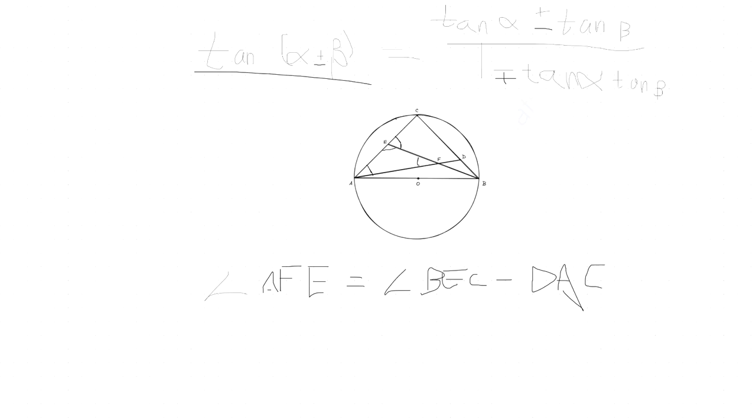And then just applying this, we get that tan BEC is equal to 2, just BC over EC, that's 2. And tan DAC should be equal to 3/4.